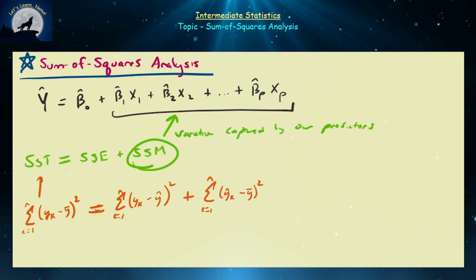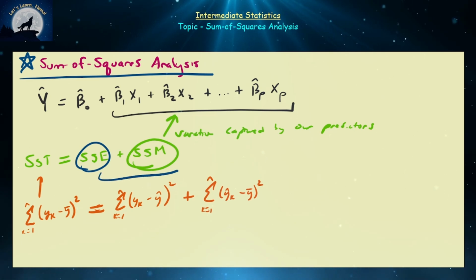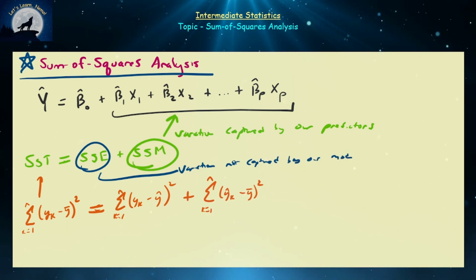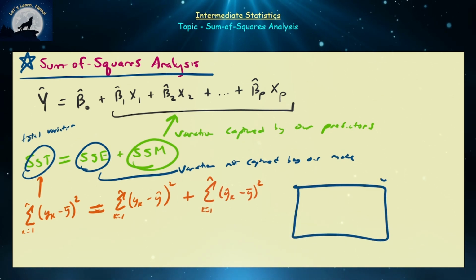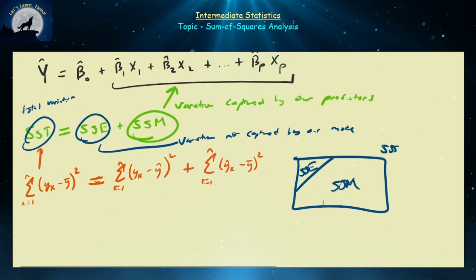And then we have SSE, which is the variation not captured by our model. And then our SST is our total variation, right? So total variation is partitioned, one could say, into the amount of variation that is not captured by our model and the variation that is captured by our particular model.